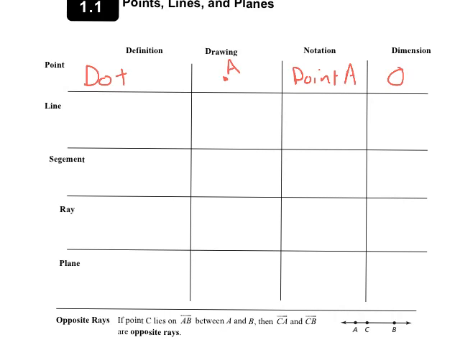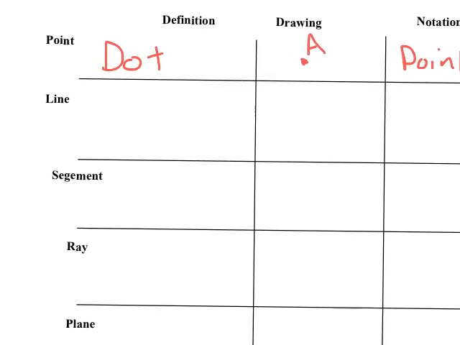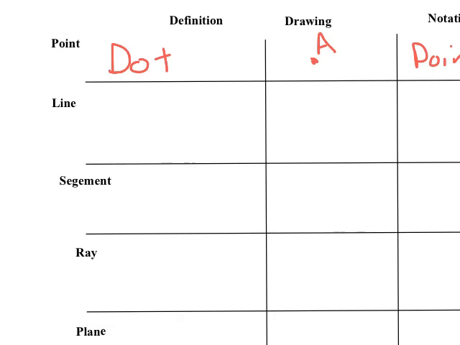Then we get into lines and segments and rays. Do you guys know the general difference between a line and a segment? Yeah? A line goes on forever and a segment has set endpoints. Good. So a line goes on forever and ever. Segments have 2 endpoints on either side. So let's go ahead and fill in our definition. I'm just going to do line and segment at the same time because they're very similar, but a little bit different.